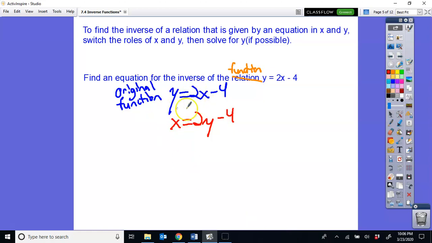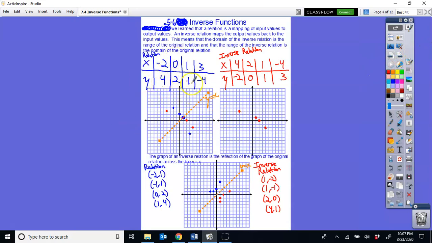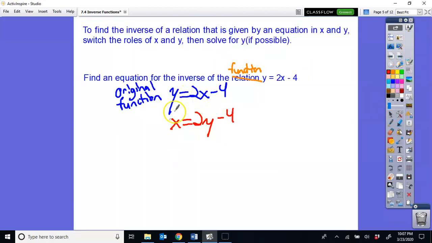I literally switched the x's and y's, like I did over here on these tables, and like I did on these points. So on the equation, I switched the x and y. Then, if I solve this equation right here for y, I will have a new inverse. It is my inverse of the original.